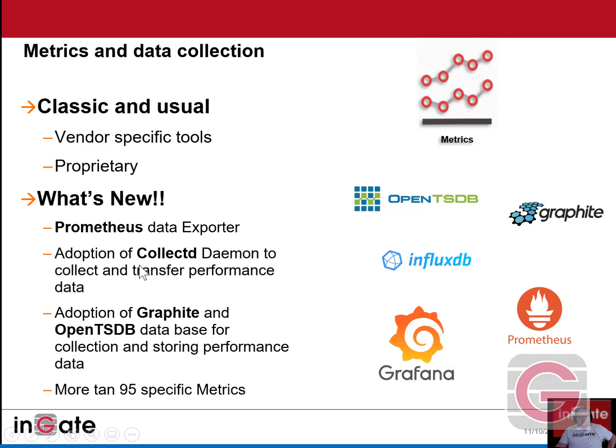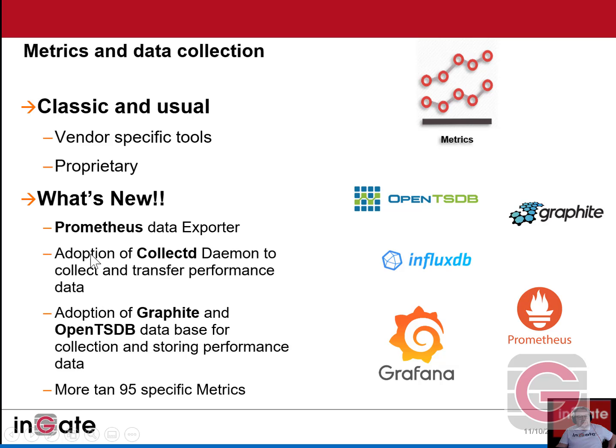We have also adopted another technique or protocol, using collectd, which is a way to collect information and transfer performance data to a repository. We also adopted Graphite and OpenTSDB, Open Time Series Database, for collection and storing of performance data.